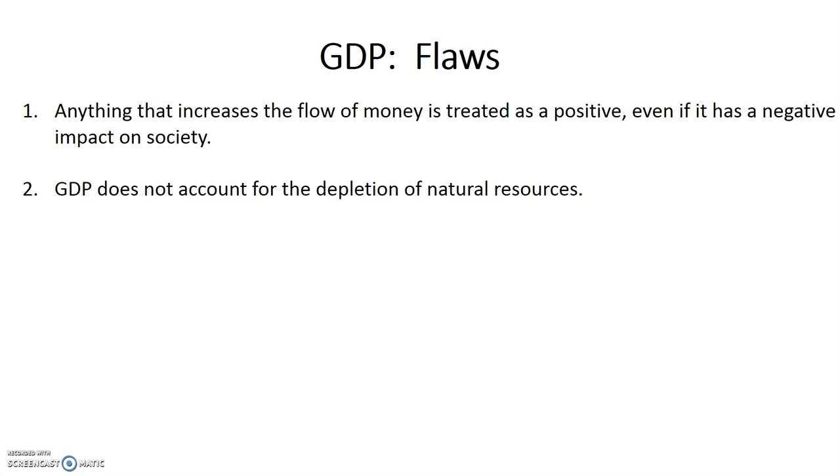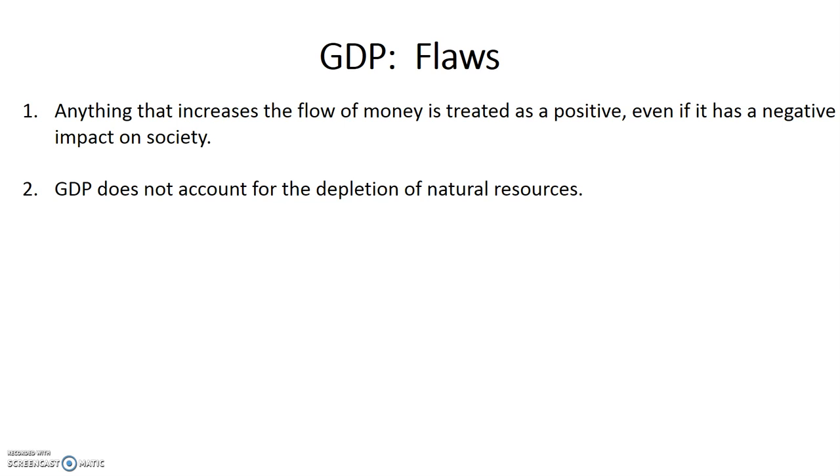Second, GDP does not account for the depletion of natural resources. Really, this is similar to number one above, but it focuses on natural resources. There's no deduction for using up a resource. In companies, as equipment ages, the value is depreciated. But for GDP, we have no method of changing the value of the resource as it becomes scarcer.